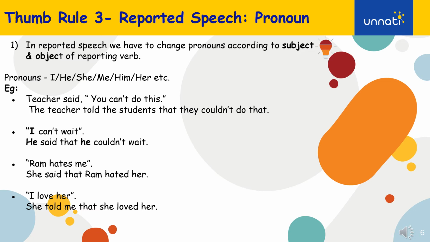So if the direct speech of a teacher is, the teacher said, "You can't do this," the reported speech is, the teacher told the students that they couldn't do that. So you, where the teacher was referring to the students, becomes they in the reported speech, and it still refers to the students here.